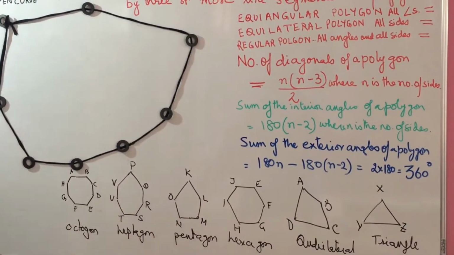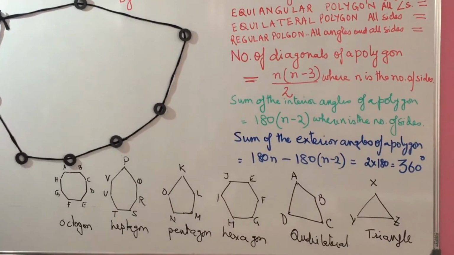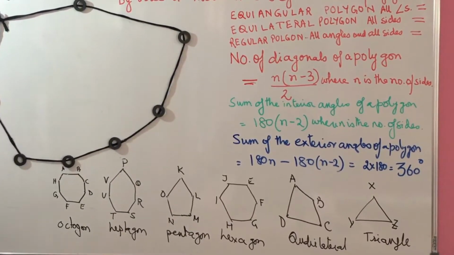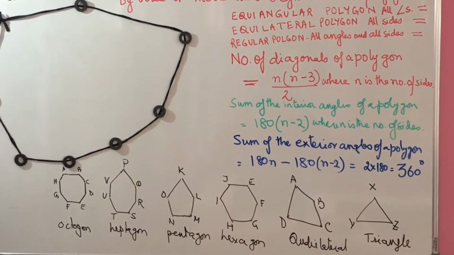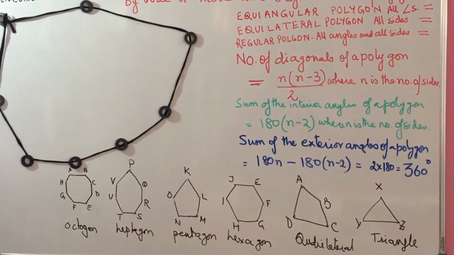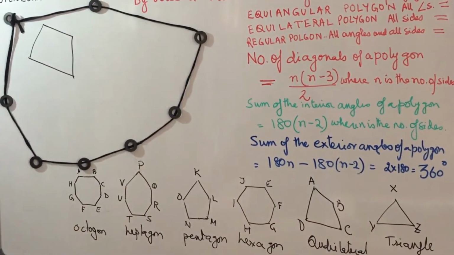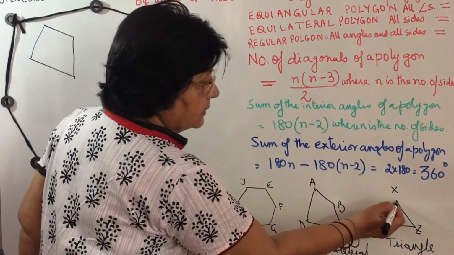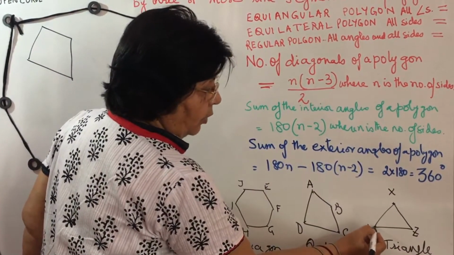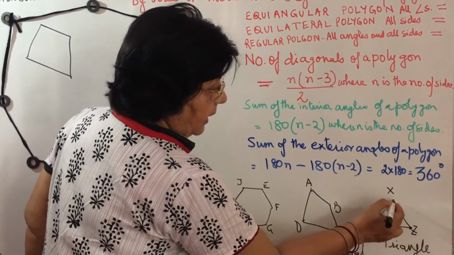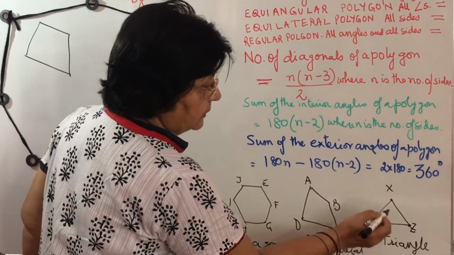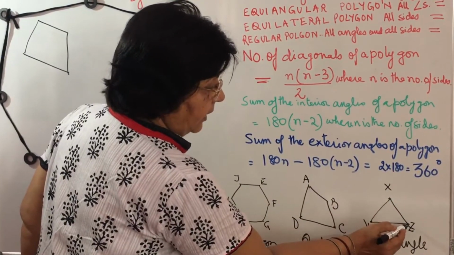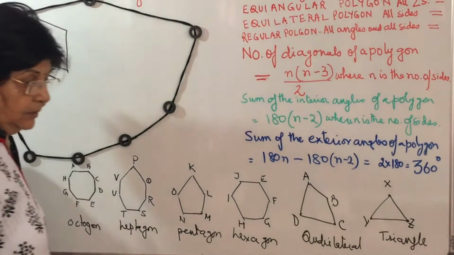We will now try to see the number of diagonals that a polygon has. In a triangle, there are no vertices which are not adjacent. X and Y are adjacent vertices, X and Z are adjacent, and Y and Z are adjacent vertices.